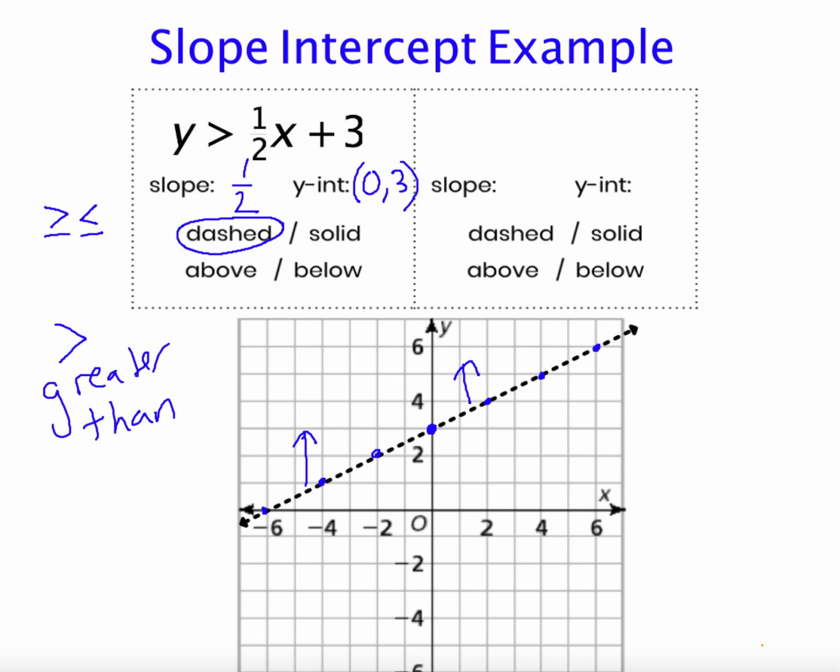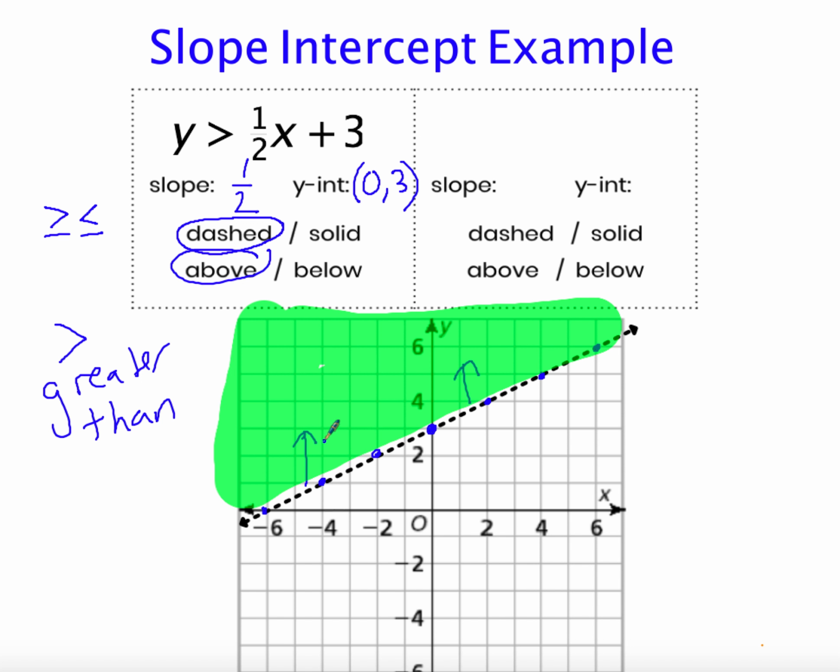Those little arrows are helpful to me, especially when the line is steep, to figure out what exactly is above the line. Okay, so there is my graph of y is greater than 1/2 x plus 3. And again, it indicates that every single point in this region is a solution to the inequality.